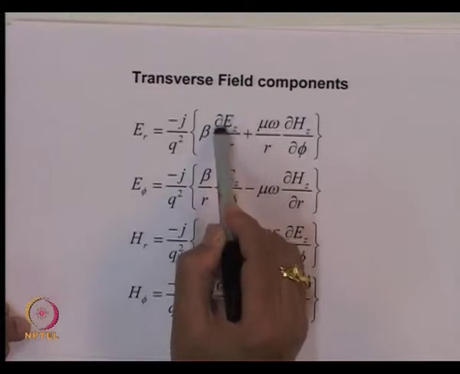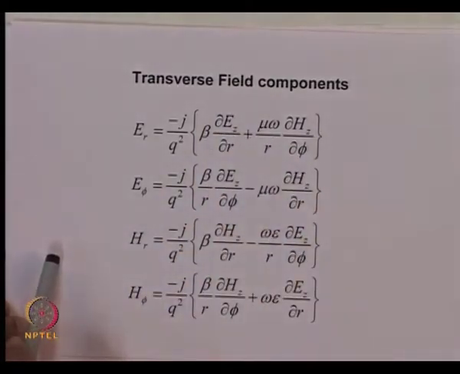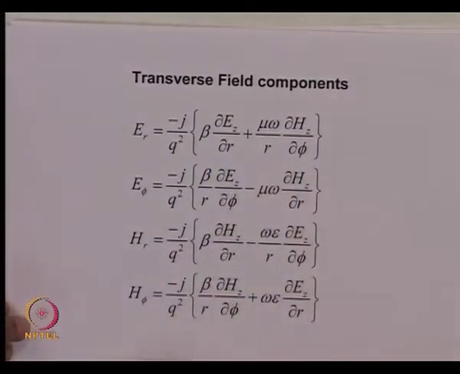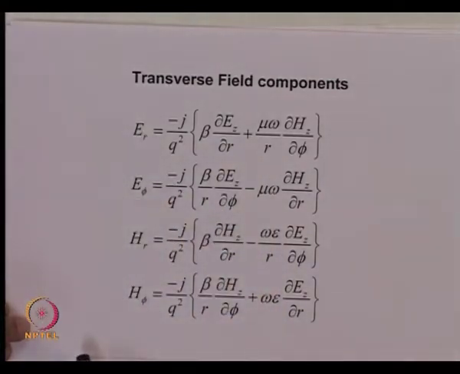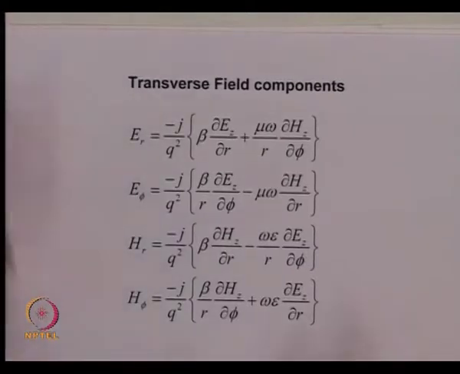So, by having the knowledge of the longitudinal components Ez and Hz and their partial derivatives with respect to r and phi, we can find out the remaining four components. So, the whole set of 6 components essentially is solved. First, your problem reduces to finding the analytical solution of the wave equation for the longitudinal components of the electric and magnetic fields.